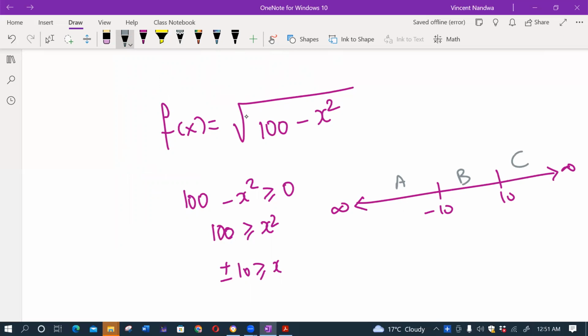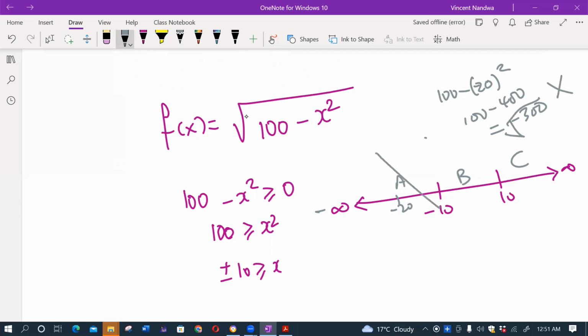If you pick a number in the interval from minus infinity to minus 10, say minus 20, and put it here, you'll have 100 minus 20 squared, so 100 minus 400, which gives minus 300. The square root of this is undefined, so we eliminate this interval.